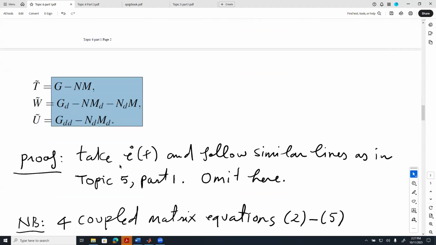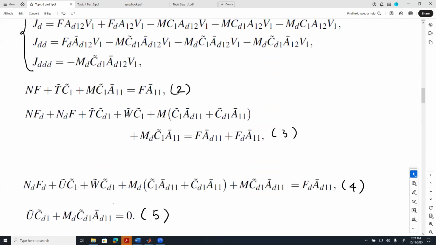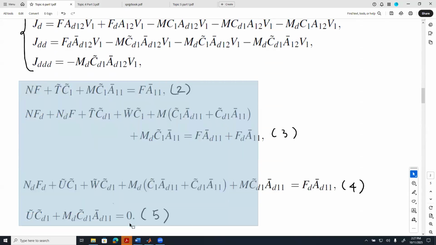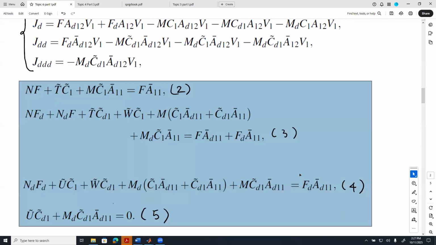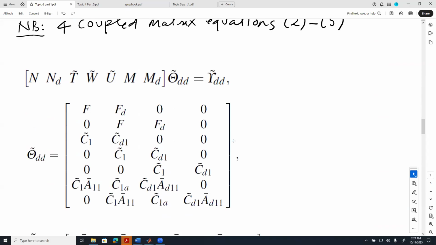What we would like to focus on is the necessary and sufficient condition for the existence of the solution of these four matrix equations. That can be done fairly easily as well. We stack them together and form this new matrix.